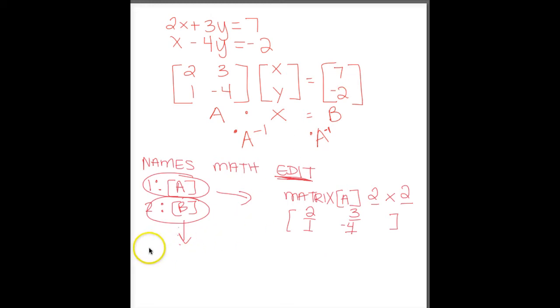Your screen should look like this, and possibly some brackets depending on if you already had something in there or not. So we need to put in the dimensions. This one again has 2 rows, 1 column. So you're going to put 2 enter, 1 enter, and then it should give you the correct size. And then we just need to fill in our entries. Fill in 7 first, then press enter, and then press -2 and press enter.